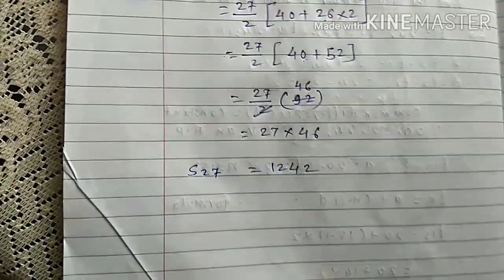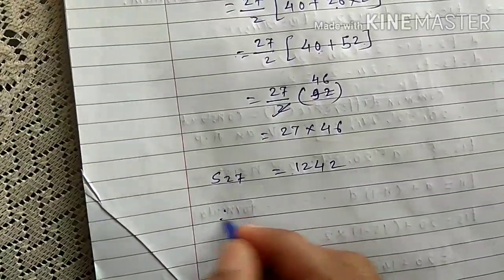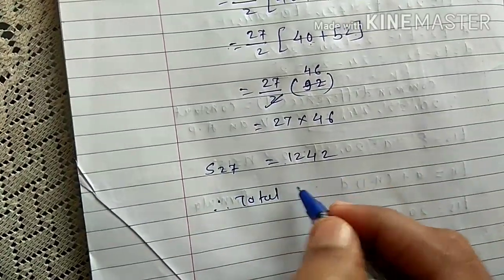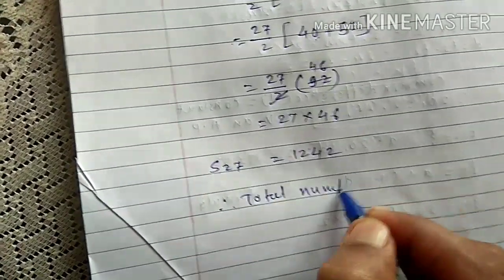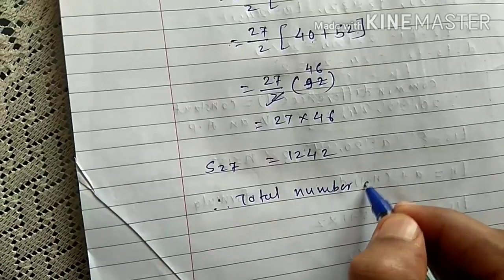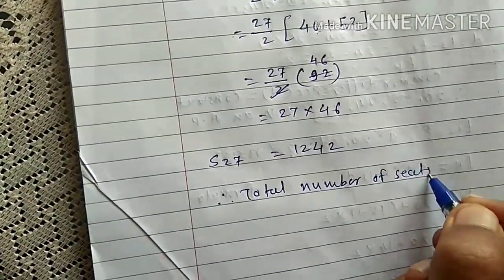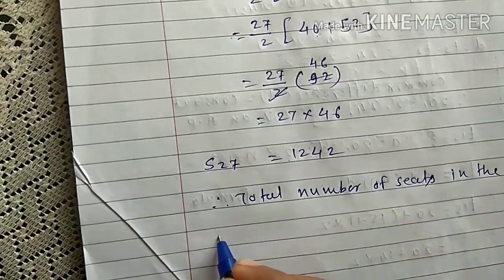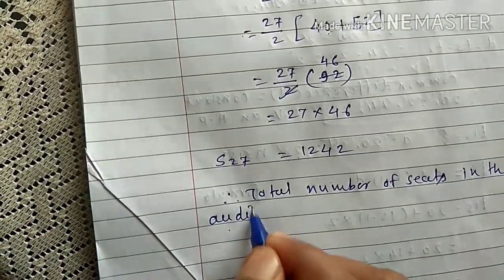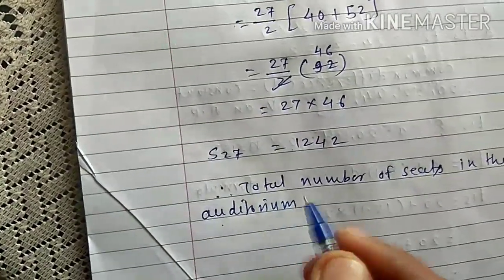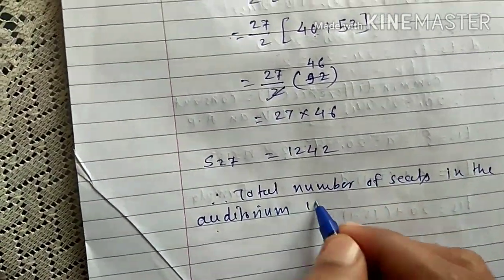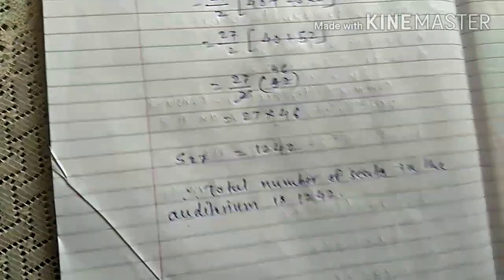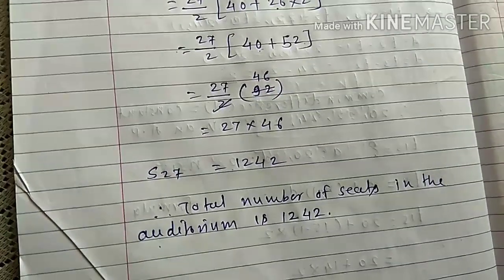So the total number of seats in the auditorium is 1242. Got it?